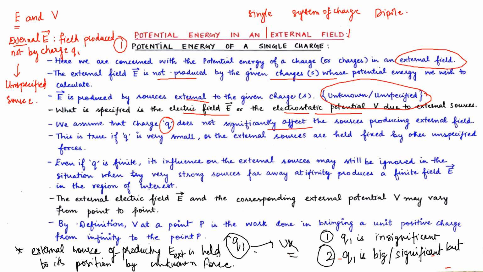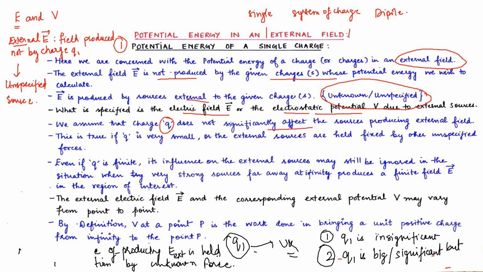It's producing an electric field in such a way that it can affect the external source, but that external source is held by some unknown forces to its position. So this unknown charge is not getting deviated, and it is producing the same sort of effect in both the cases. Now we'll move to the next point.